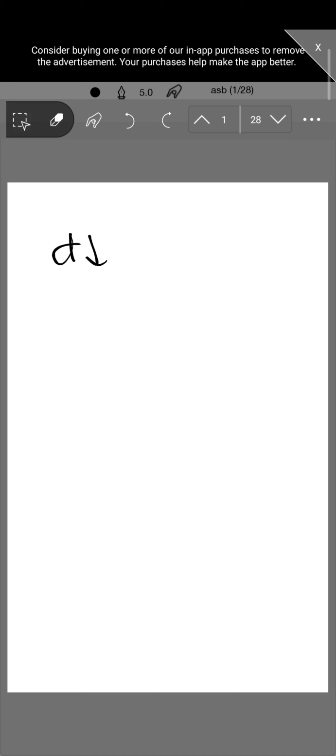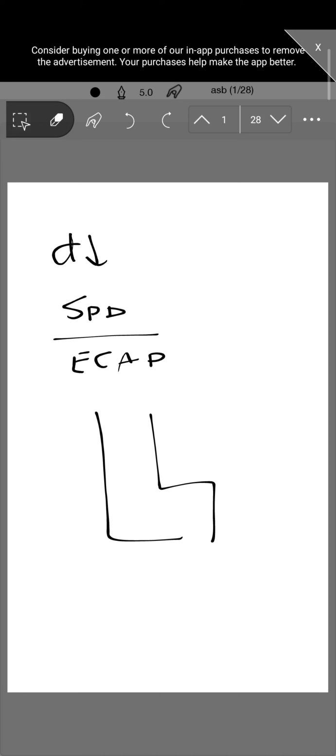The way it is done is we deform the material through SPD. There can be different ways to apply SPD. One of them is equal channel angular pressing. We have a metal, a die in which the metal is fed, and it is pushed with a plunger. So the metal comes out having a uniform cross-sectional area.